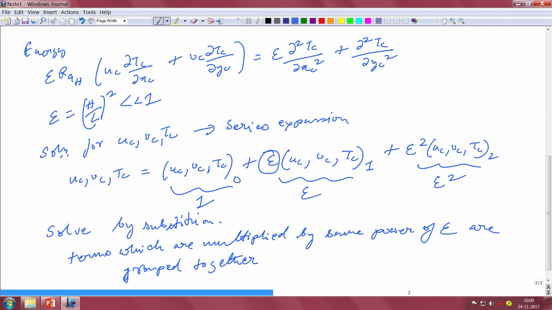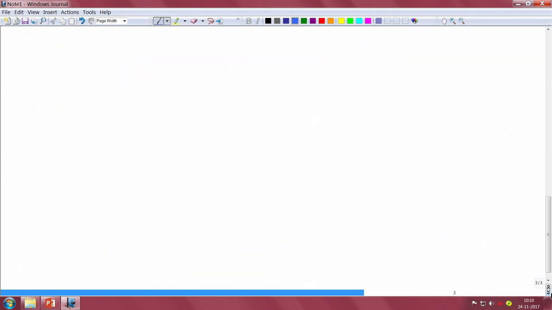For example, if the power is epsilon to the power k, we group all the terms which have epsilon to the power k. We start with k equal to 0 and then we proceed up. This is how we gather the terms sequentially. This procedure is also called the asymptotic procedure, or the asymptotic expansion.